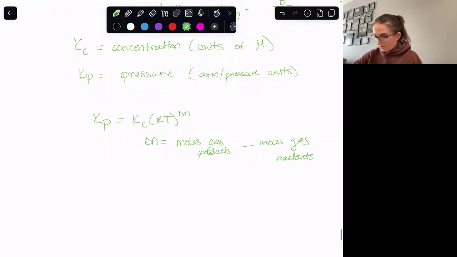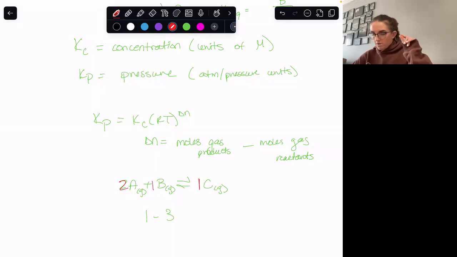So if you have 2A plus B going to C, right, your delta N here is 1 minus 3 because you have a 1 as your coefficient for C and you have 2 and 1 for A and B. So you're combining those coefficients there. So here delta N is equal to -2. Okay. Any questions on that so far?